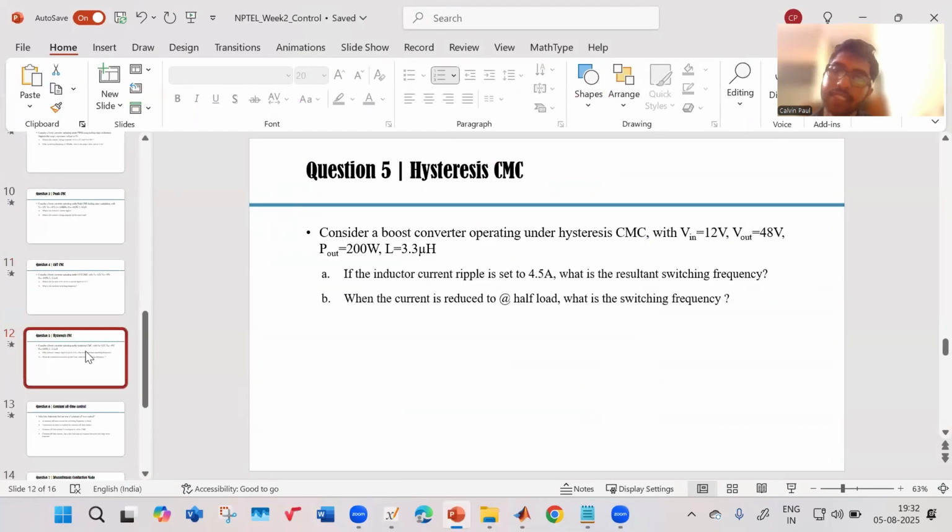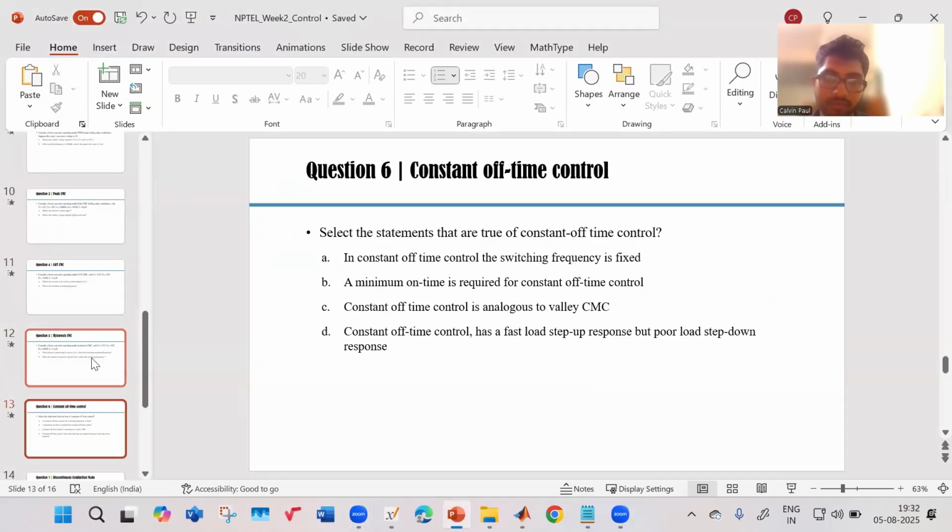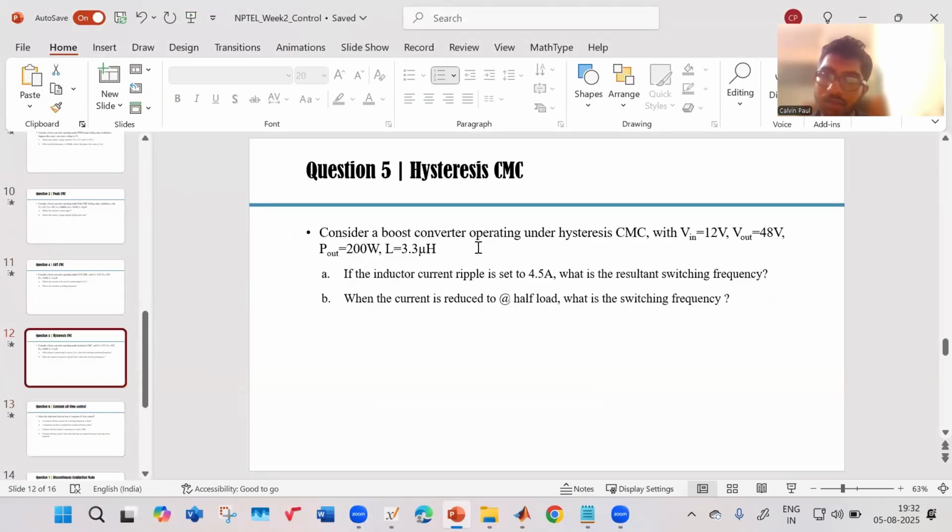Next question we are considering hysteresis current mode control. So parameters remain the same. The inductor current ripple is set to 4.5 ampere.